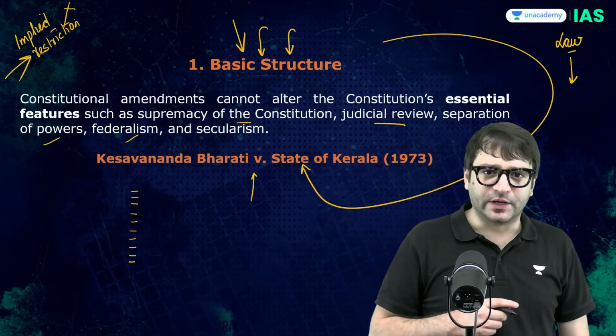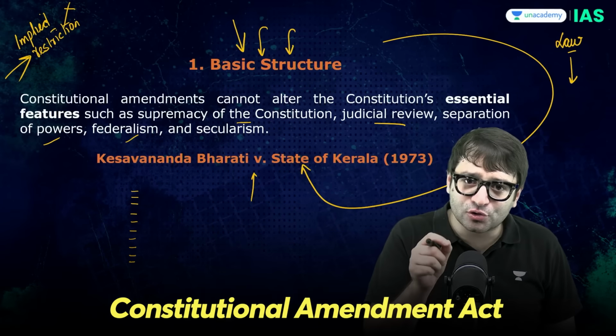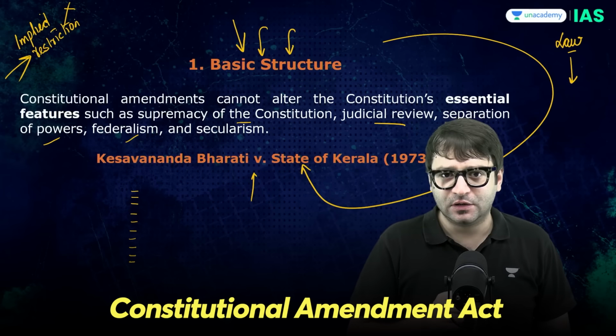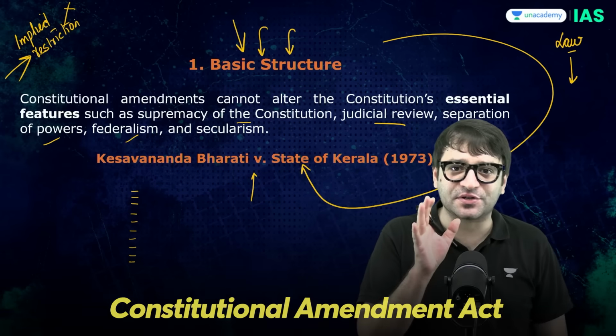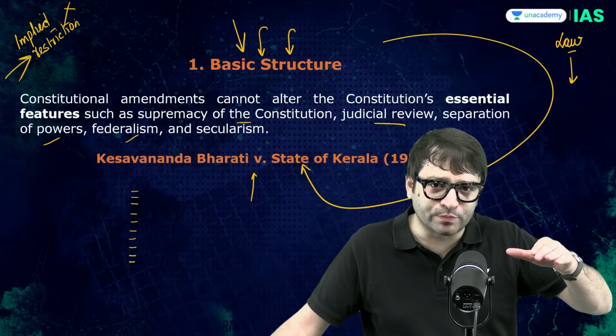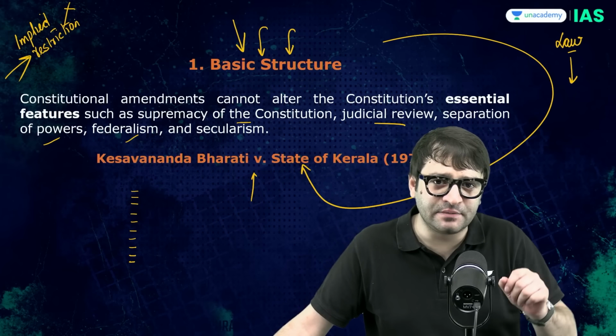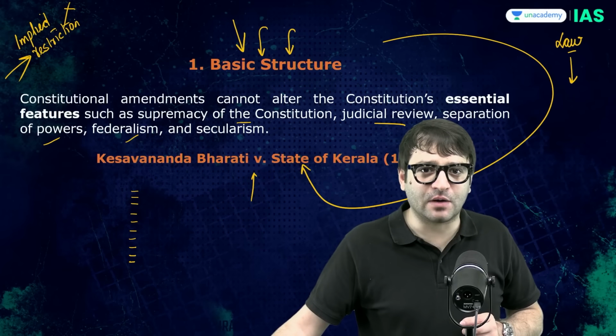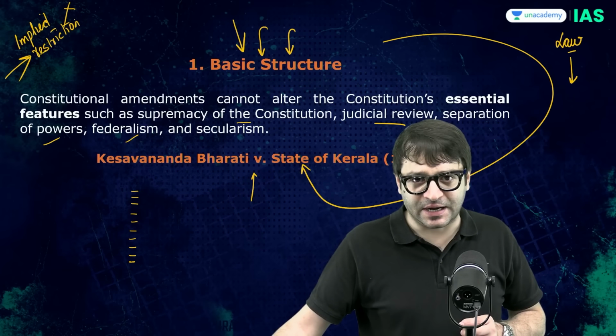But listen to me carefully. Only a constitutional amendment act can be challenged before the court on the grounds of violating basic structure. Can an ordinary law be challenged in the Supreme Court on the grounds of violating basic structure? No. Why? Let me know in the comment section what is the reason behind this.